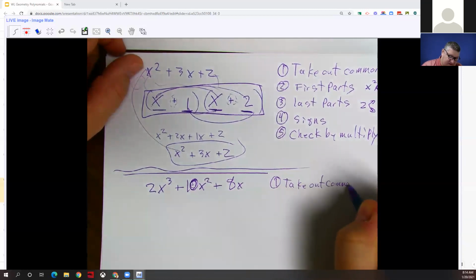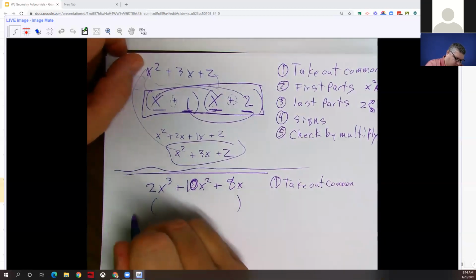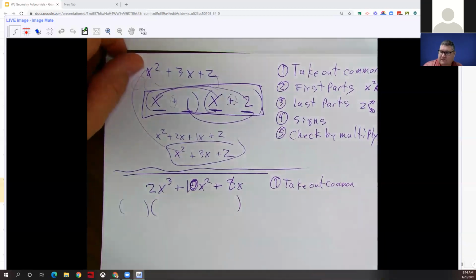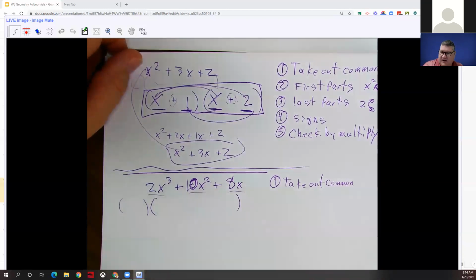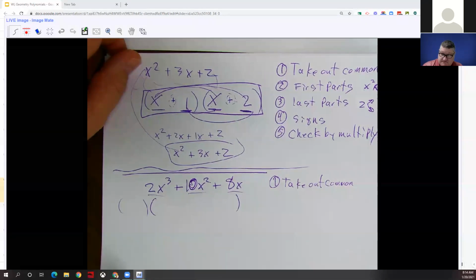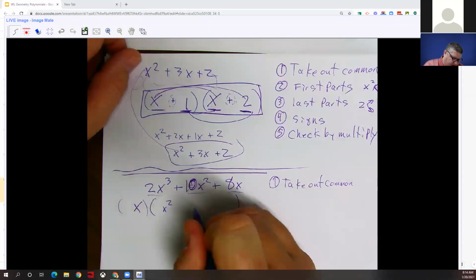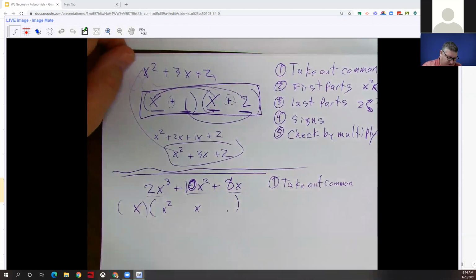So in this case, what's common? What is common to all of these terms? What is in every spot? An x, I agree. So that would leave x squared, that would leave x, and that would leave nothing there. What else is common to everything here?